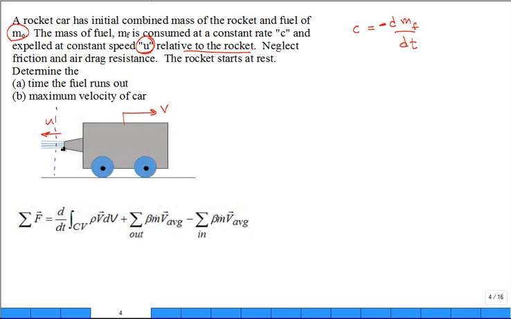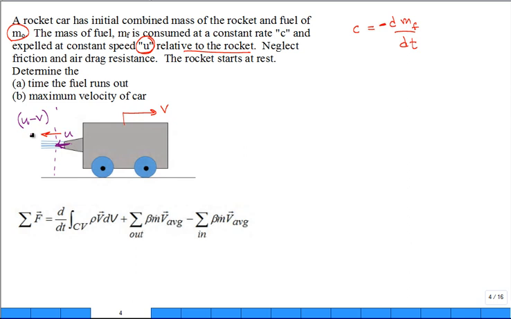I know that's issuing out the back of the nozzle relative to the movement of the cart with speed u, but it'll be coming across that plane at u minus v. Make sense?